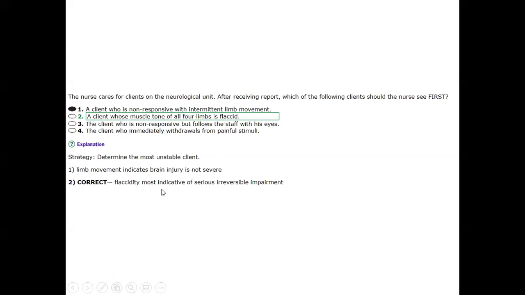Flaccidity is the most indicative of serious, irreversible impairment. So if you help them a little bit, your patient can prevent the damage or danger. So flaccidity is important. So what is flaccidity, or what is flaccid?